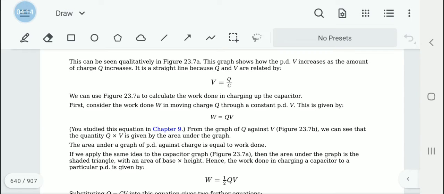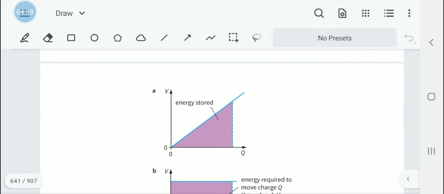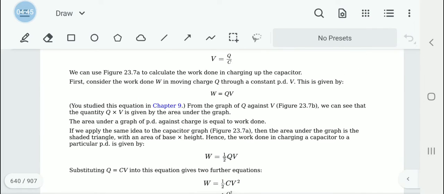Because it is a straight line, we know that V is equal to Q upon C. That relationship you must also understand. These equations you have to not only remember but also understand how they are brought about. Now in the same graph, with voltage and Q, this is the energy stored. The purple part shows us the energy that is being stored.